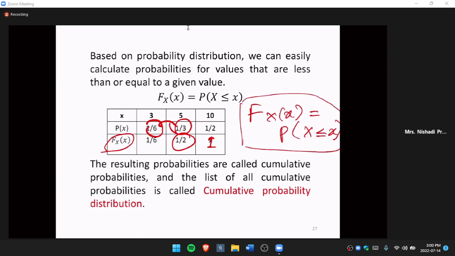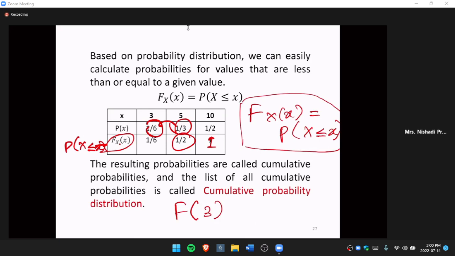Is that clear? So instead of F of x, you can just write probability of x less than or equal to simple x. Both are correct. Let's say for the same distribution, you want to find F of 3. What do you mean by F of 3?